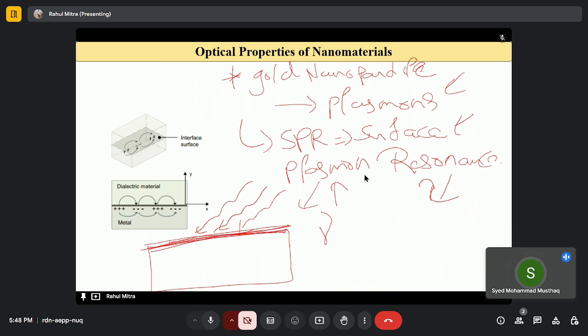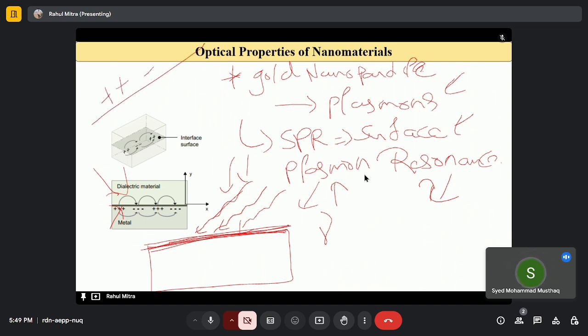In fact, when photons couple with surface plasmons, just like I said before, alternating regions of positive and negative charges are produced on the surface of the material. See, this is my surface.